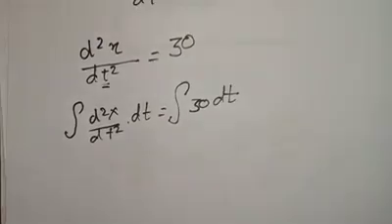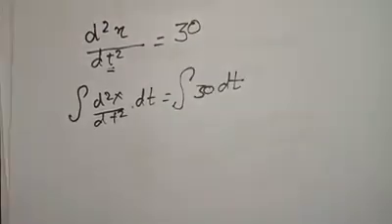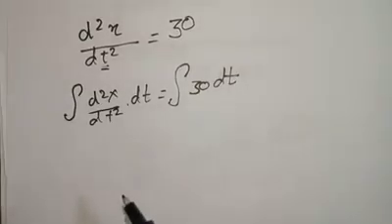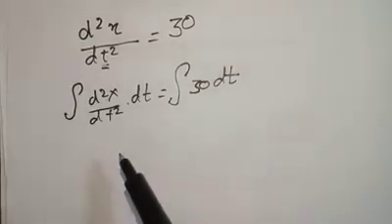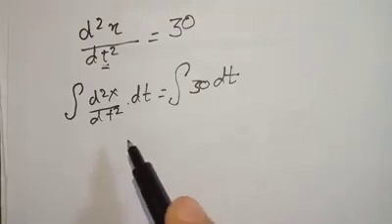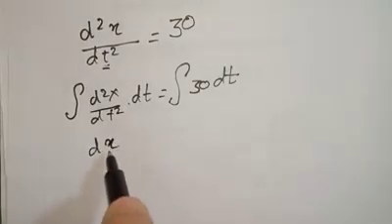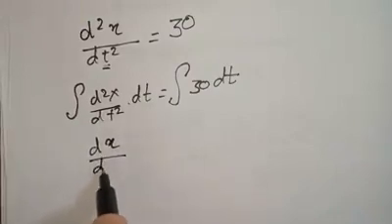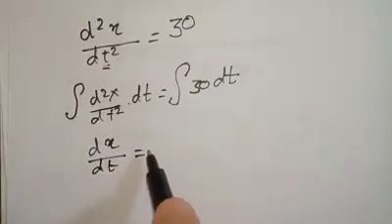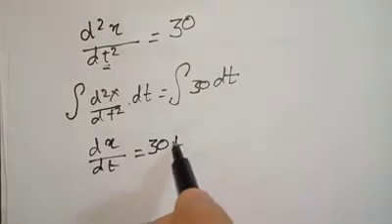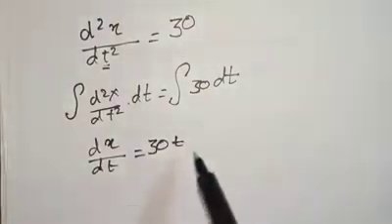It is basic calculus. We know it will come down to the lower order, that is the first order. So we just get dx by dt equals 30t plus, obviously, a constant.